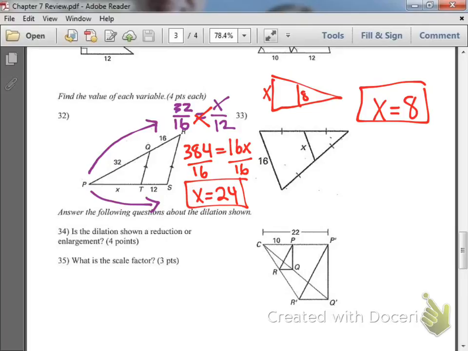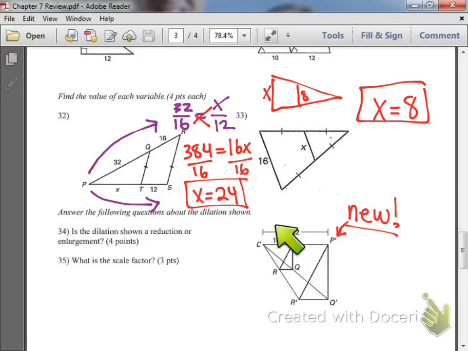All right. Next we have just a couple questions on dilations. The main thing to remember is that the one with the prime is the new one. So the first question says, is it a reduction or an enlargement? You need to know which one's the new one. The new one has the primes. So the P prime, R prime, Q prime, that's the new triangle.